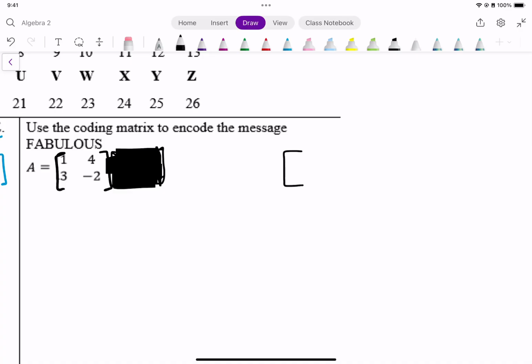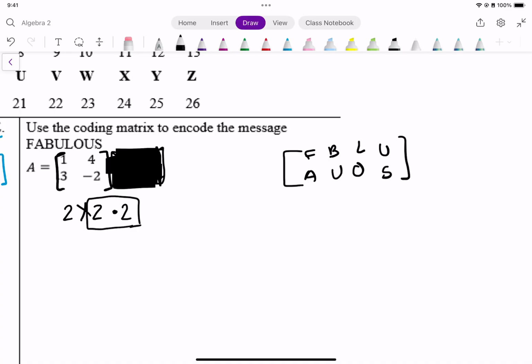In this case, we're multiplying a 2 by 2 times something else, and in order for it to work, this must have 2 rows. So we're going to have to do F, A, B, U, L, O, U, S. Fabulous. Okay, so let me rewrite the base. We have 1, 3, 4, negative 2.